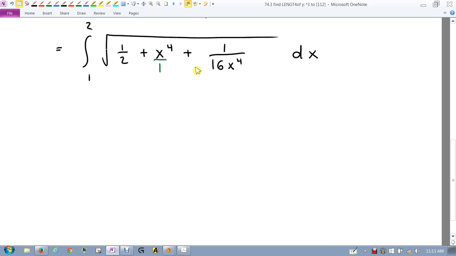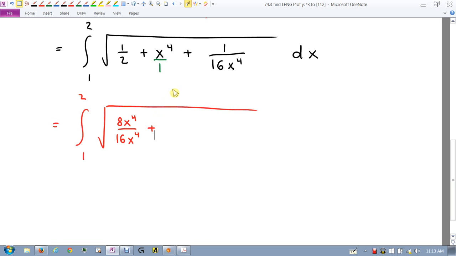So what is the common denominator I need here? 16x to the fourth, right? So this one I need to turn into a 16x to the fourth, so I have to multiply times 8x to the fourth on the bottom and the top. So here's where we are. Got 8x to the fourth over 16x to the fourth plus, what is this one missing?